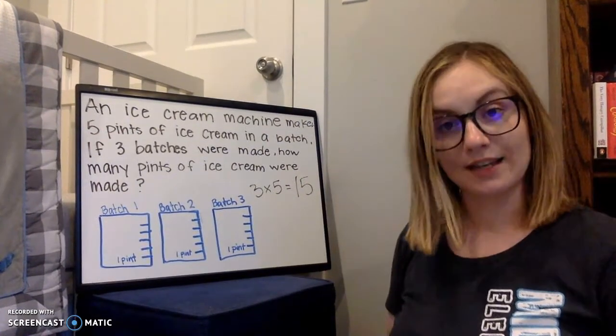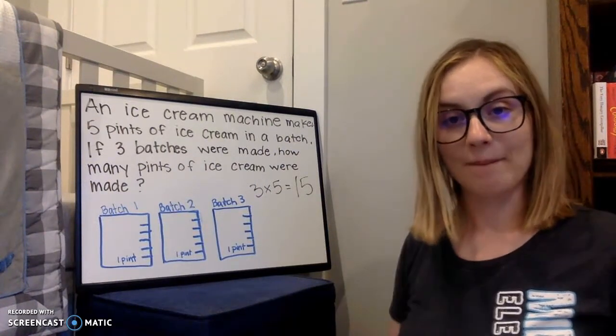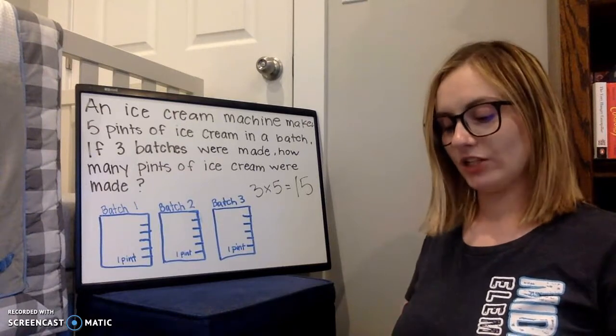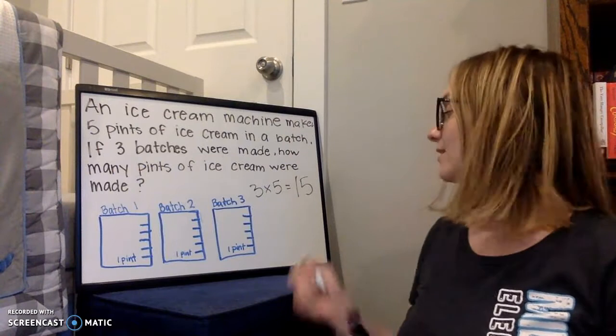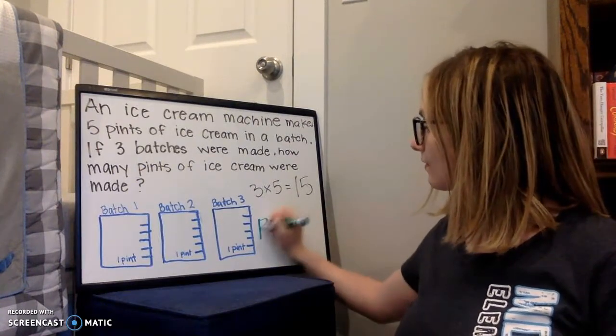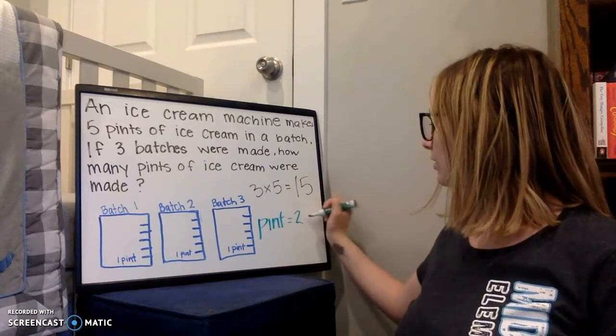Now let me ask you this. How many cups would that be? And I will remind you, if you didn't write it down last time, 1 pint equals 2 cups.